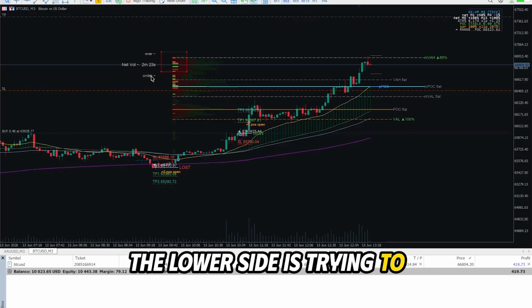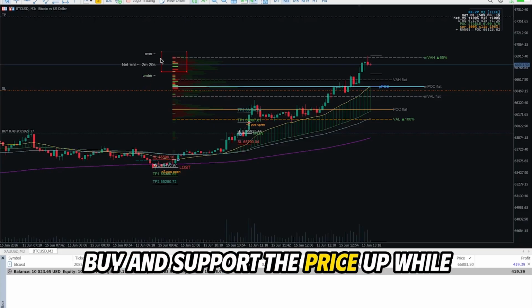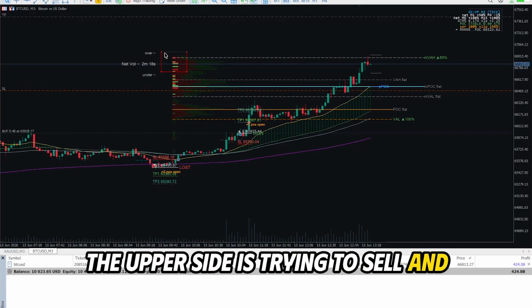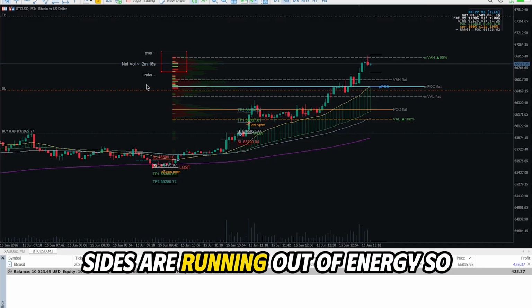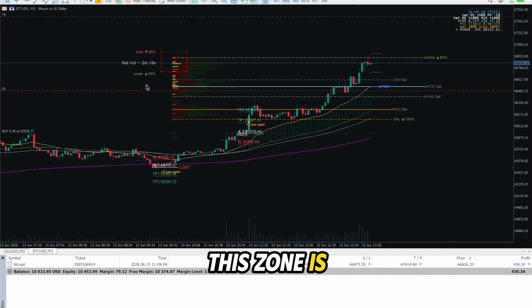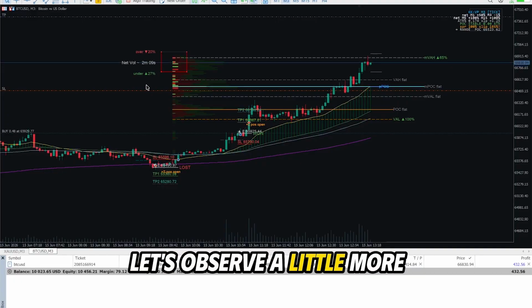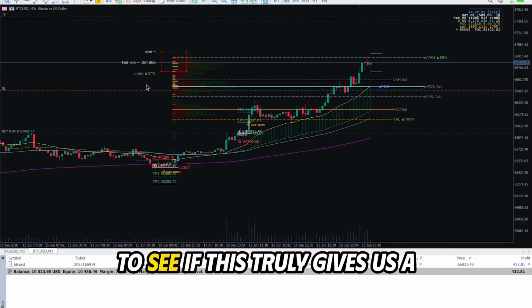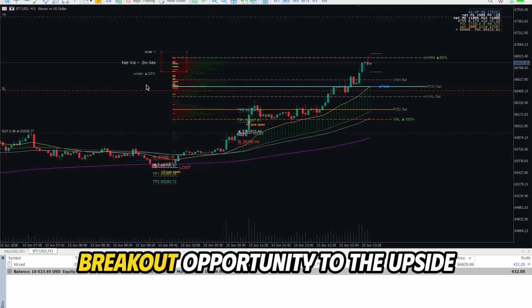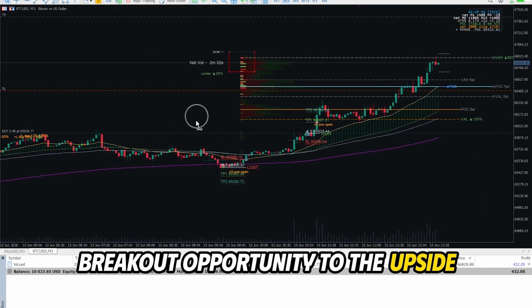The lower side buys and supports the price up, while the upper side is trying to sell and push it down. But somewhere, both sides are just drifting. Let's observe a little more.